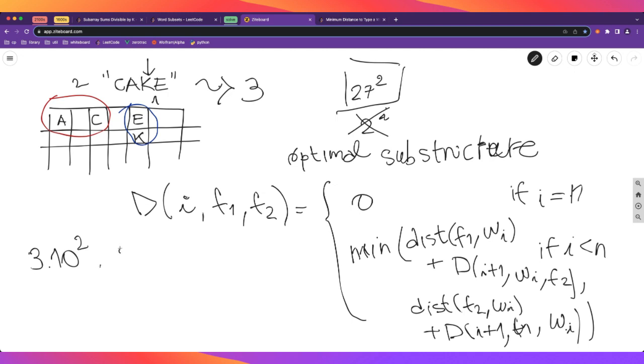And then we have 27 squared. And now we're going to do a trick. We know that we want to reduce this to powers of 10, and you should know that the square root of 10 is approximately 3.